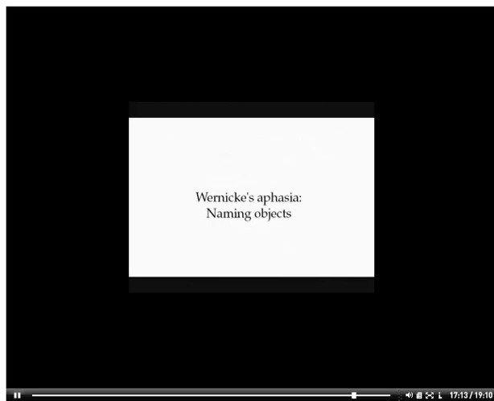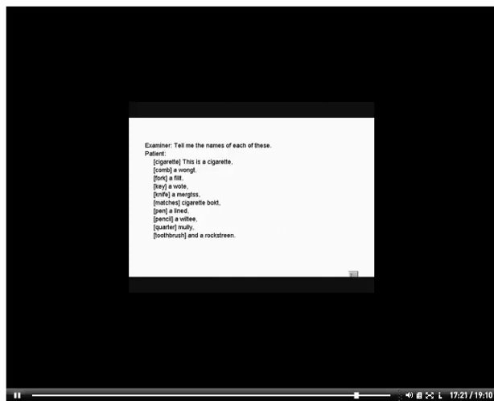Tell me the name of each of these. This is a cigarette, a wand, a fruit, a root, a mud, cigarette box, a lined, a roti, molly, and a rock stream.